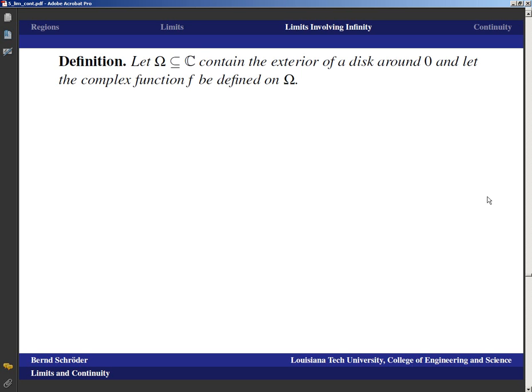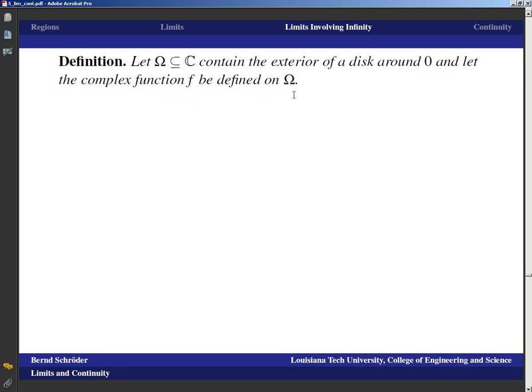So take omega to be a subset of the complex numbers, and suppose that it contains the exterior of a disk around 0. So let's not think of the disk, but let's think of everything that's outside that disk. And let the complex function f be defined on that exterior of a disk.